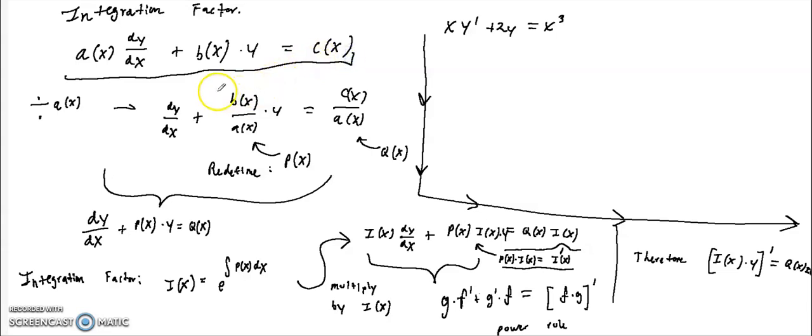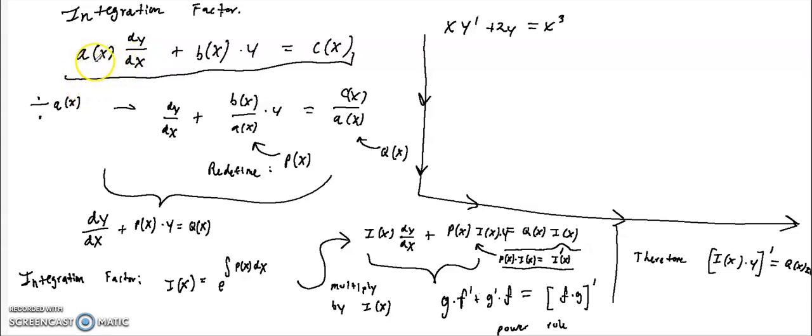this form, where you have, think of it as like a polynomial function, but rather instead of an x, it's a y, and your constants are functions of x.